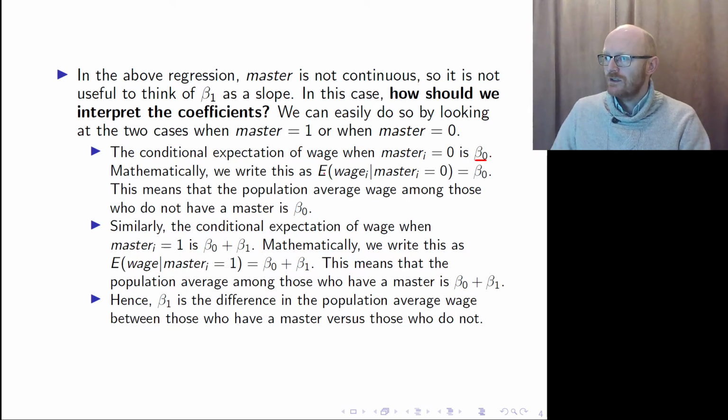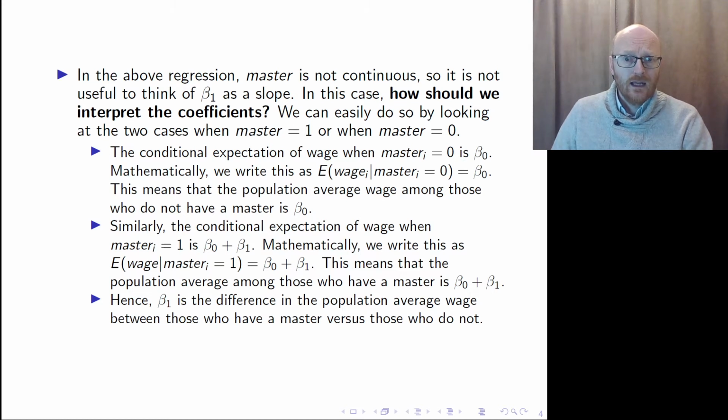So we write this as the expectation of wage given master equals 0 is beta naught. So this means that the population average among those who do not have a master's degree is beta naught.